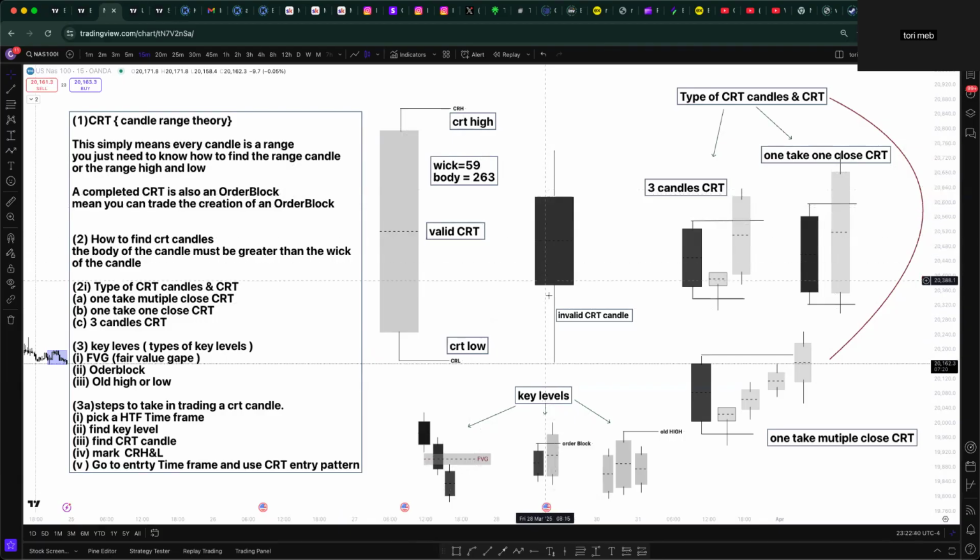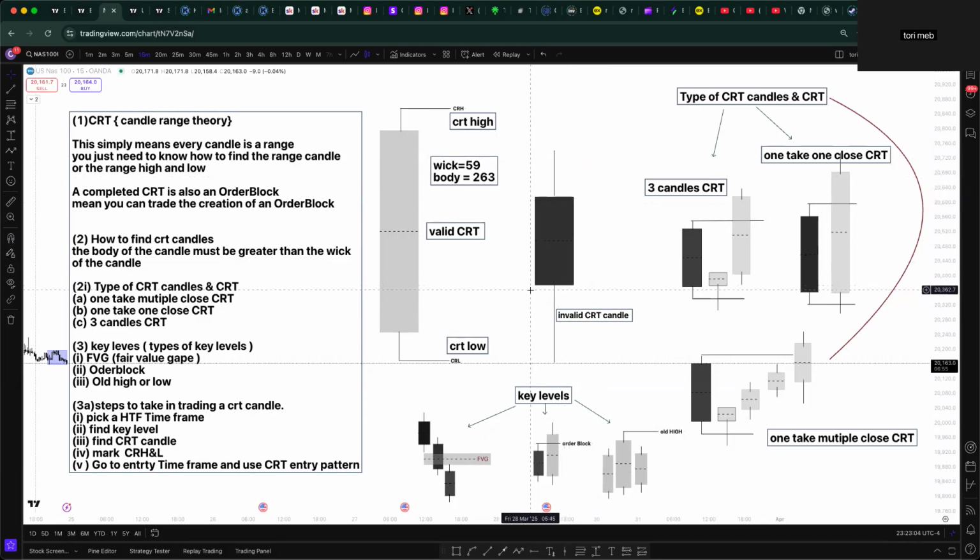Now, if we should do the other one, take your measurement tool again. This is a bearish candle. So this is the open of the candle to the candlestick high. You have 62 there.